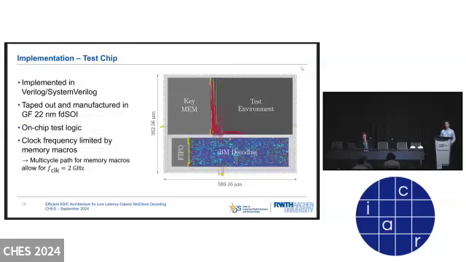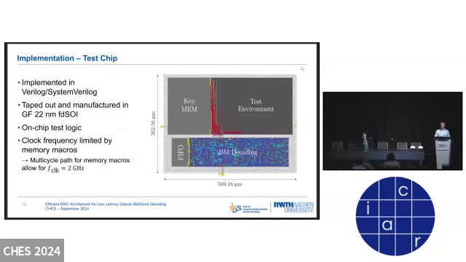The modules I described were implemented in Verilog and System Verilog, and together with additional on-chip test logic, we integrated our decoding module into a test chip, which was taped out and manufactured in a 22 nanometer technology node.